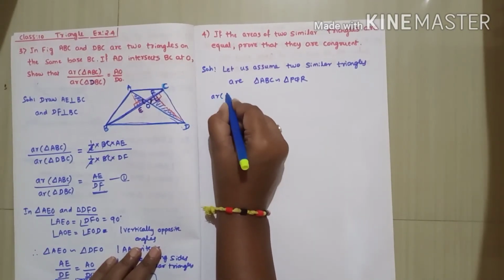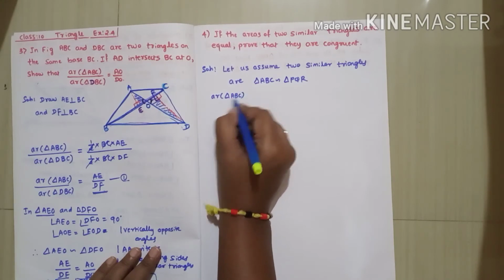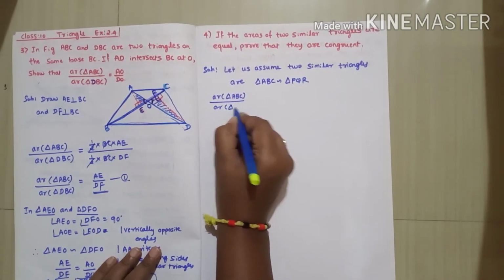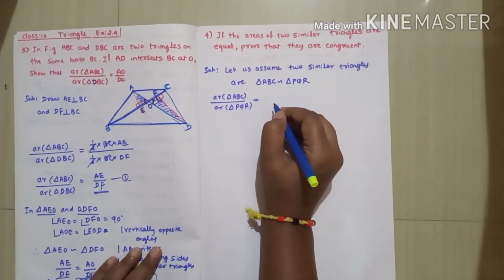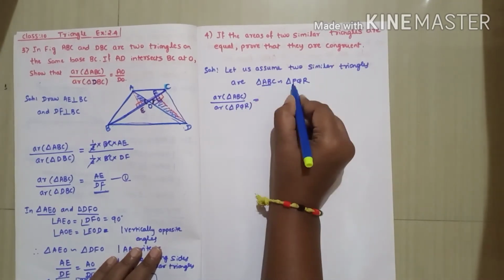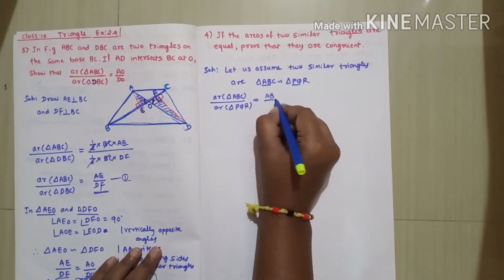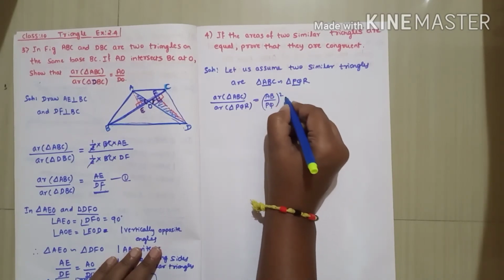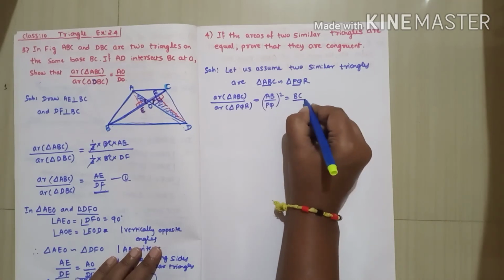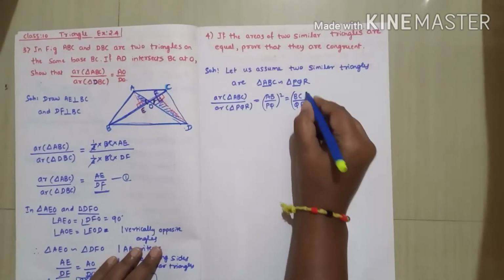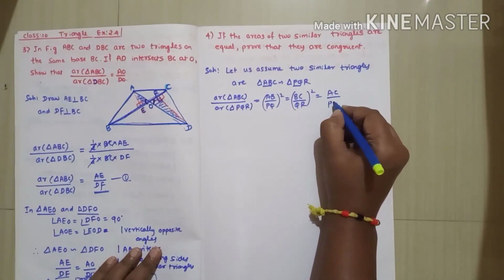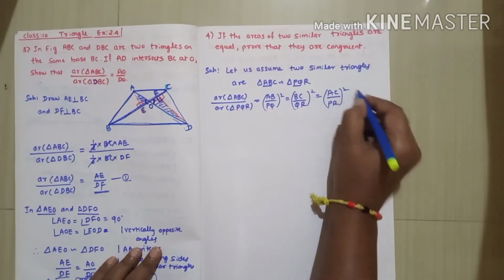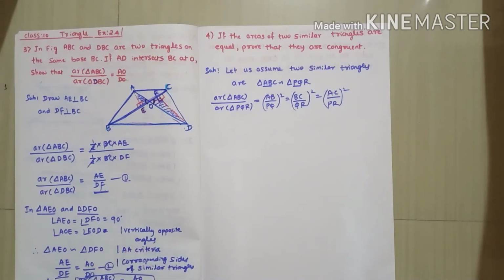Area of triangle ABC divided by area of triangle PQR is equal to ratio of the square of the corresponding sides: AB divided by PQ whole square is equal to BC divided by QR whole square is equal to AC divided by PR whole square. Square of the ratio of the corresponding sides.